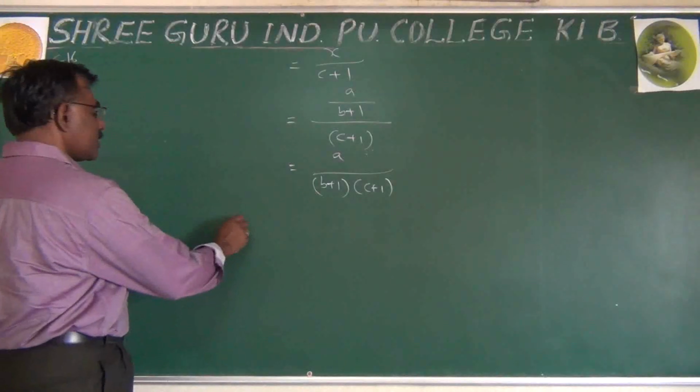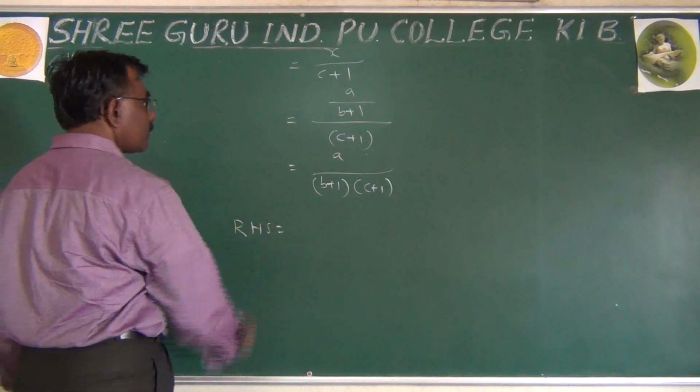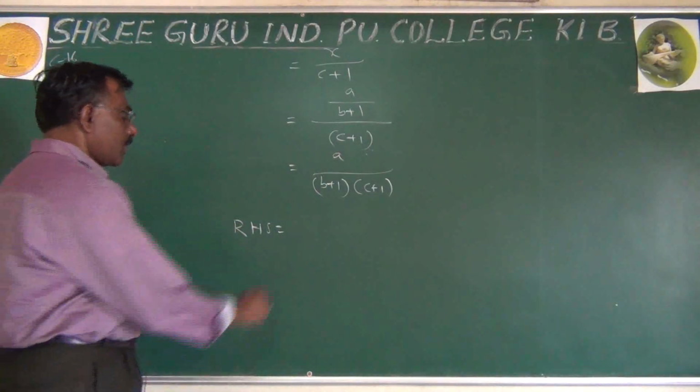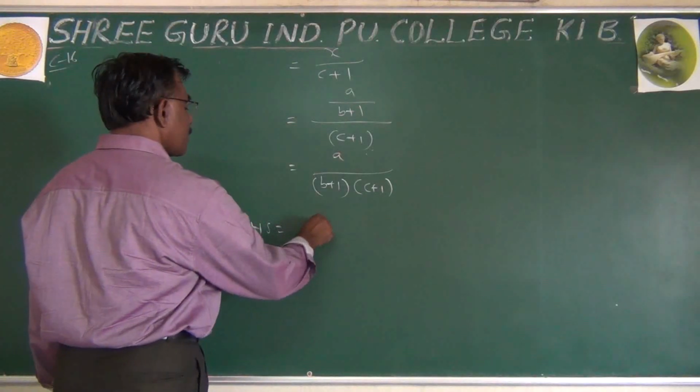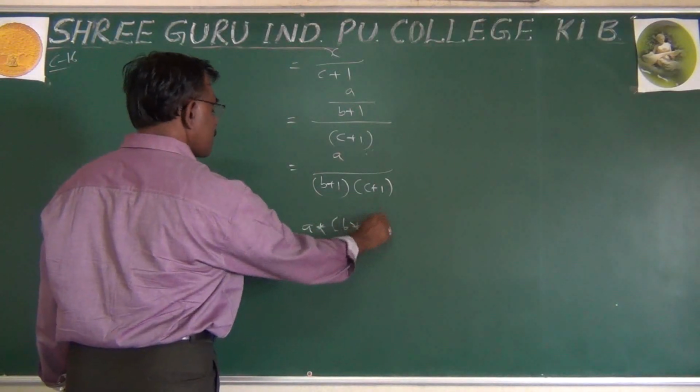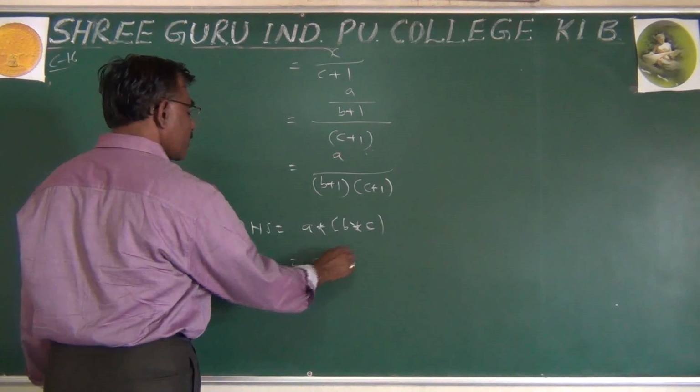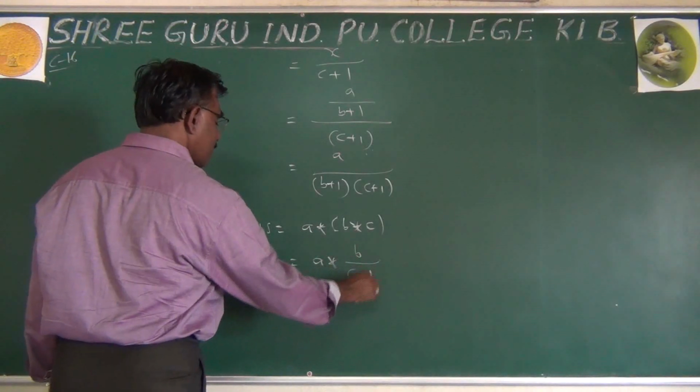Now whether RHS is equal: a star b star c. What is b star c? b by c plus 1.